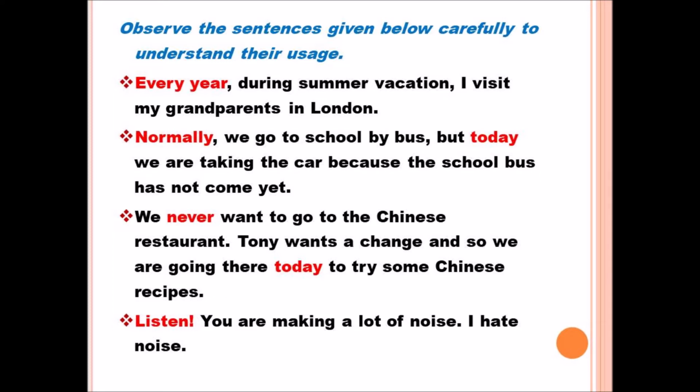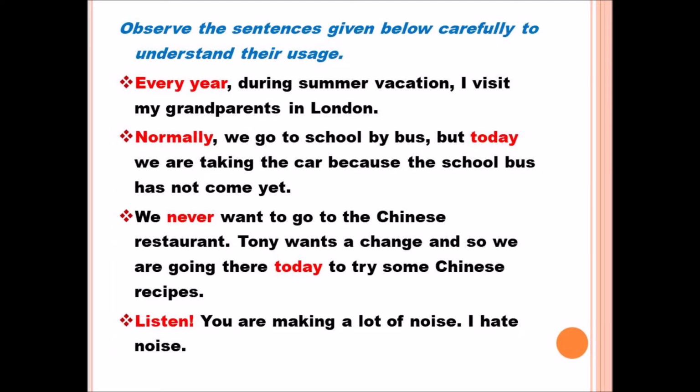The third sentence. We never want to go to the Chinese restaurant. Tony wants a change and so we are going there today to try some Chinese recipes. So here never is a keyword for simple present tense, right? So they never go to a Chinese restaurant, but because of Tony, they are going to the Chinese restaurant.